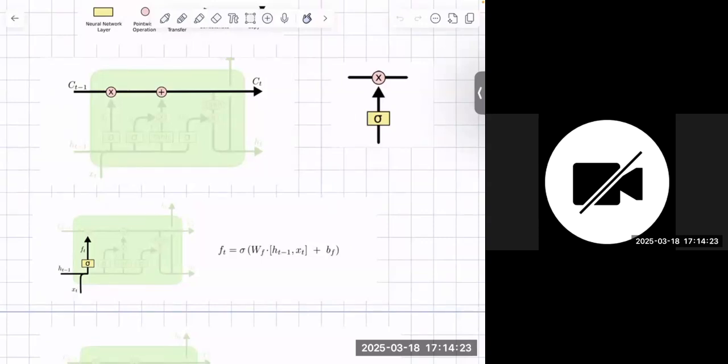This tries to figure out from the data what to forget. So you get your previous hidden state and your input data. You're trying to figure out the correct weight, like the correct kernel. And there's some bias so that what to forget will be known. What to forget means this neuron did not fire.